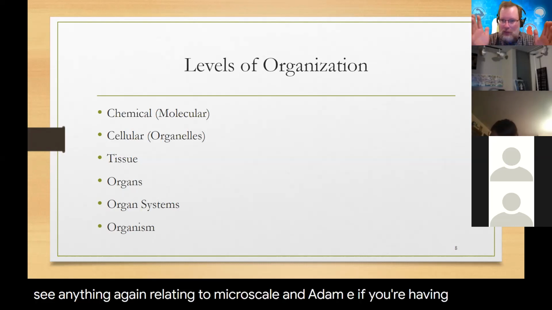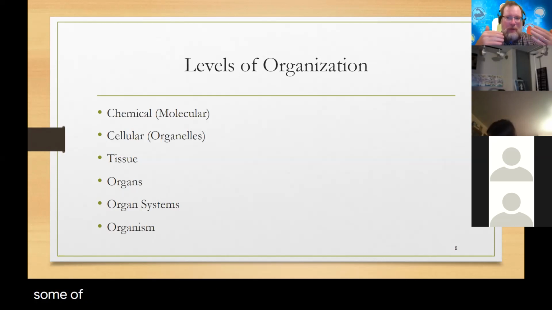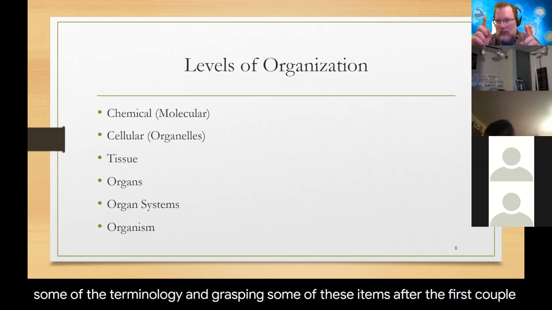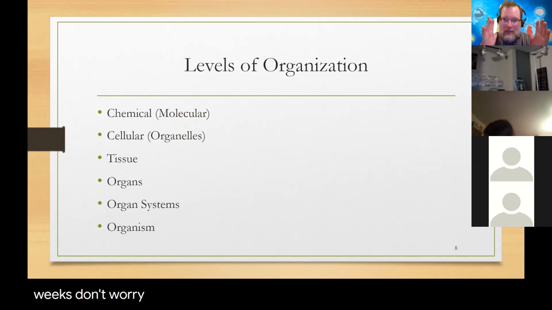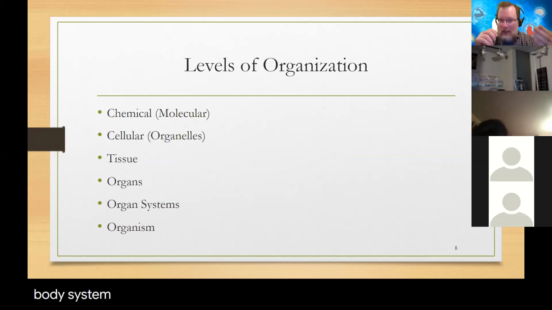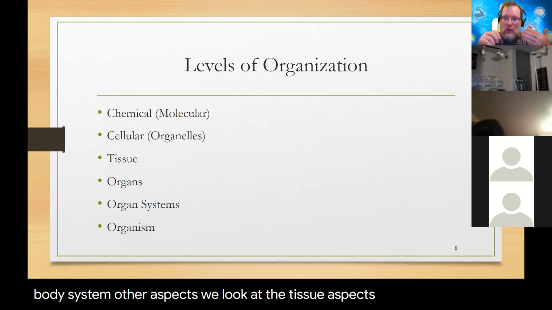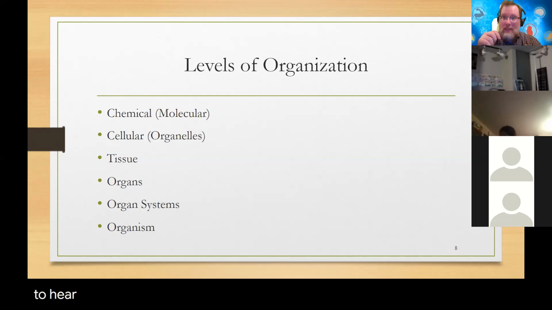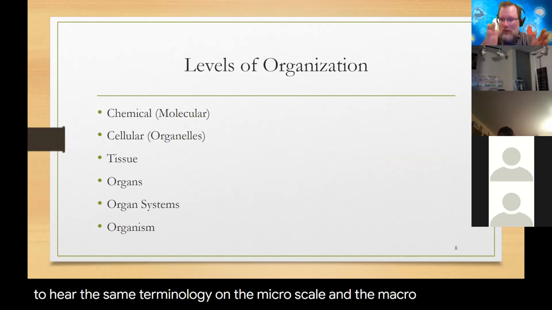If you're having issues with some of the terminology and grasping these items, don't worry, because every week, whenever we start a new body system, we go back and look at the cellular aspects and the tissue aspects. So you're going to hear the same terminology on the micro scale and the macro scale throughout.